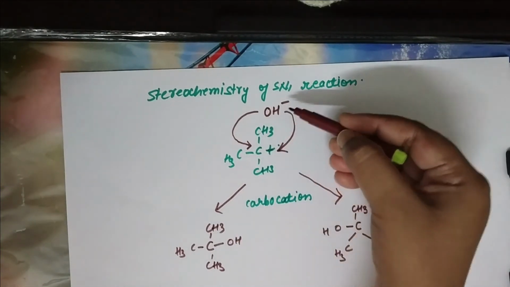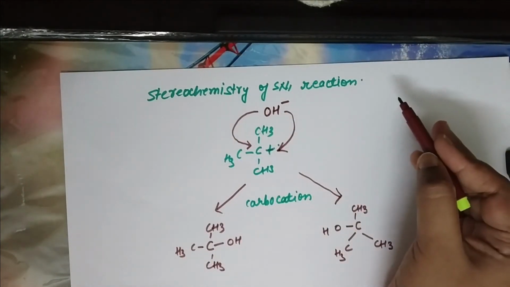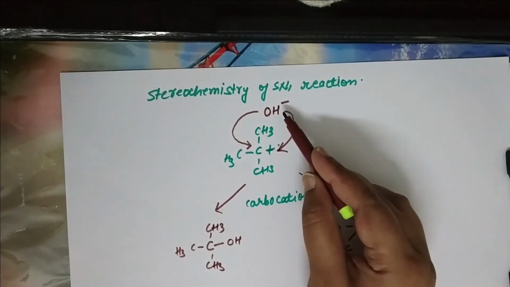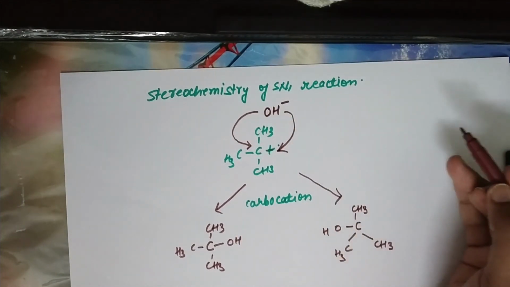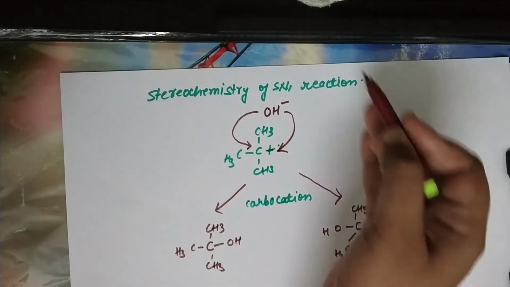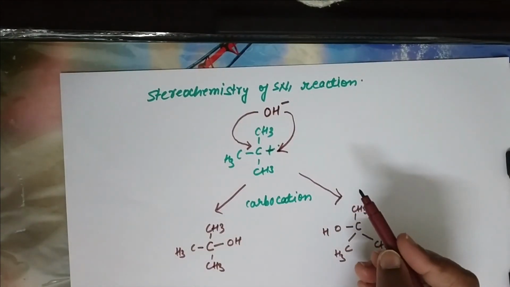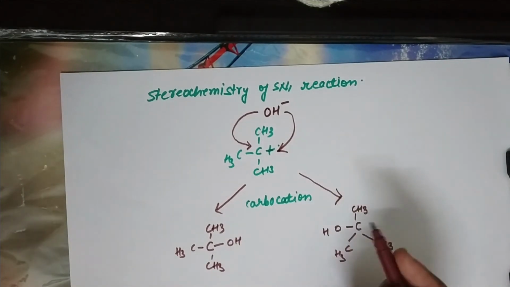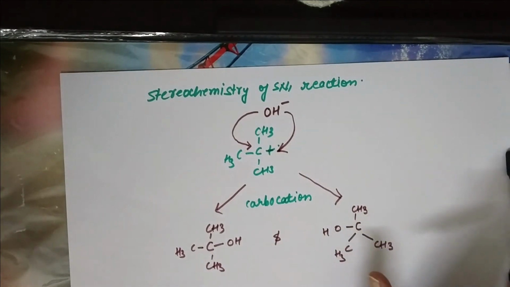When it attaches from the front side, it will have a different stereochemistry. When this nucleophile attaches from the front side, you will get one isomer. If it attaches at the back side, you will get the other type of isomer. So ultimately, in SN1 we get a mixture of isomers. There is a possibility of formation of both compounds.